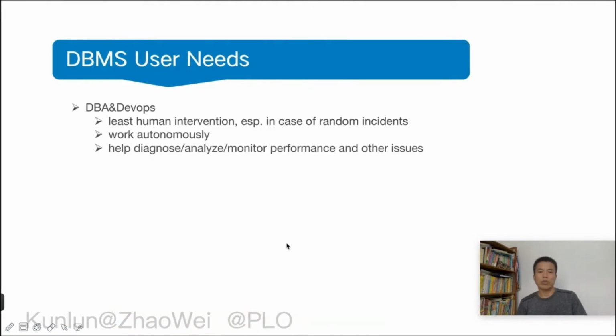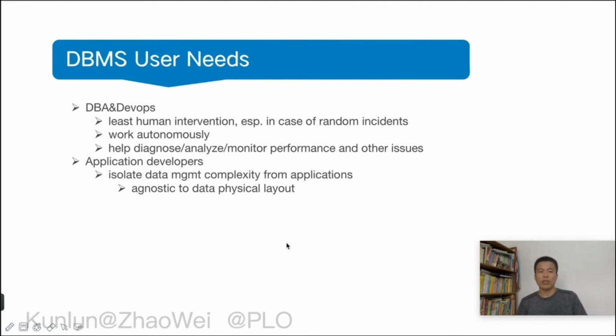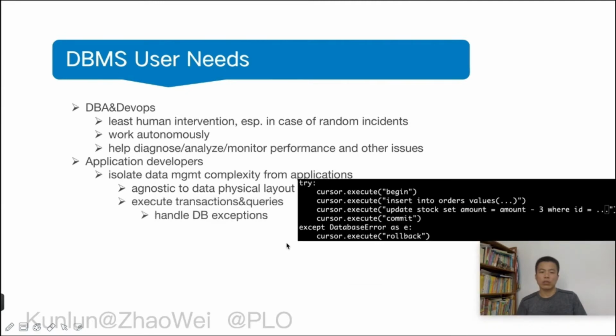The users of DBMS have specific needs and requirements too. For DBAs and DevOps, they want least human intervention, especially in the case of random incidents. They want DBMS to work autonomously and be able to help them diagnose, analyze, and monitor performance and other issues. Application developers want DBMS to isolate data management complexity from applications so that they can write data access code simply like shown in this picture.